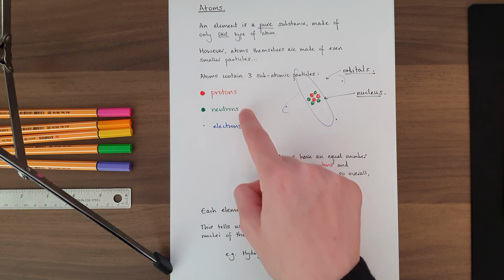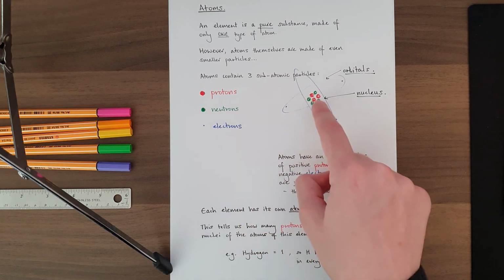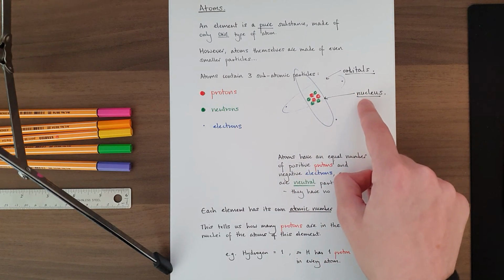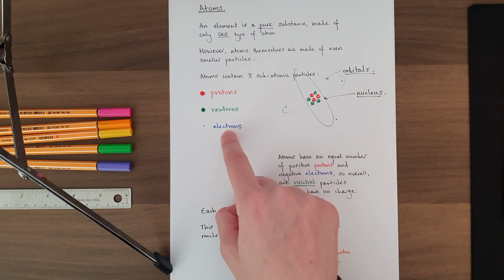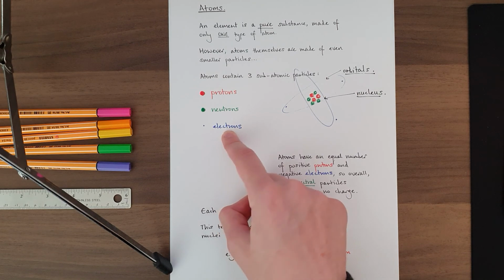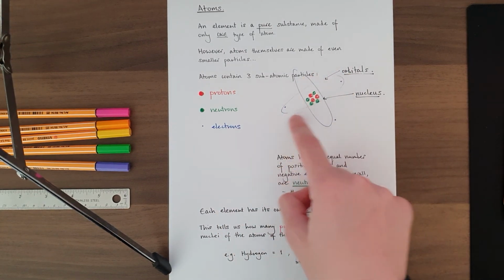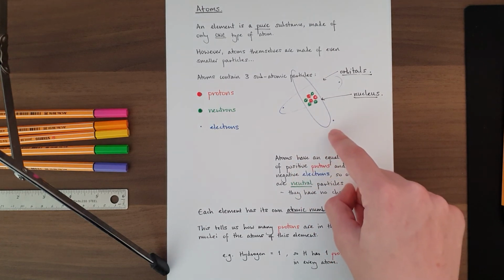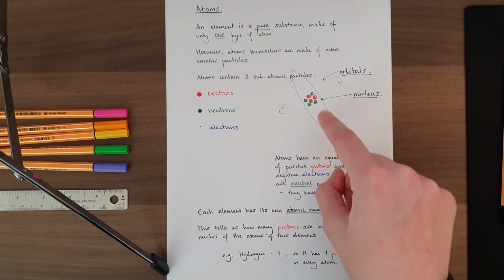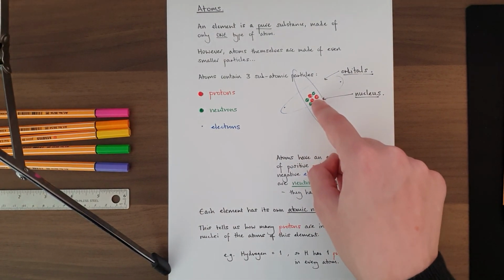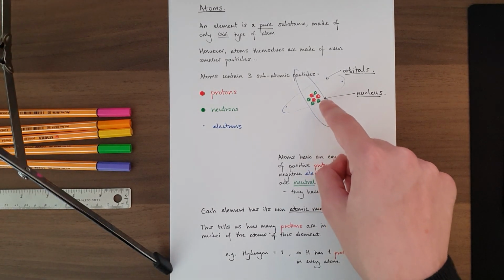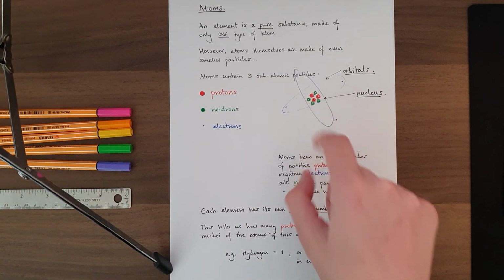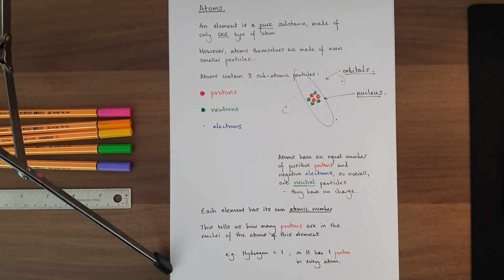Positive protons, neutral neutrons, they both live in the middle in the nucleus. And then the negative electrons, the third and final subatomic particle, orbits round about the outside of the nucleus. And we can tell what element an atom belongs to by looking at the atomic number, which is just the number of positive protons in the nucleus.